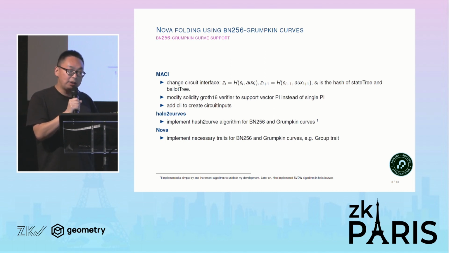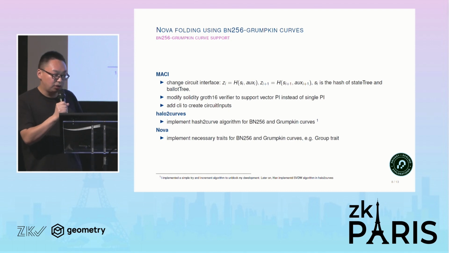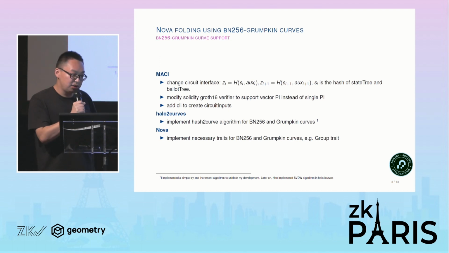So whenever we apply this step function once, where the step circuit is a MACI circuit, we update the state. With this modification and some others, such as an on-chain Solidity verifier for Groth16 and a CLI to generate circuit inputs, the MACI part is done.